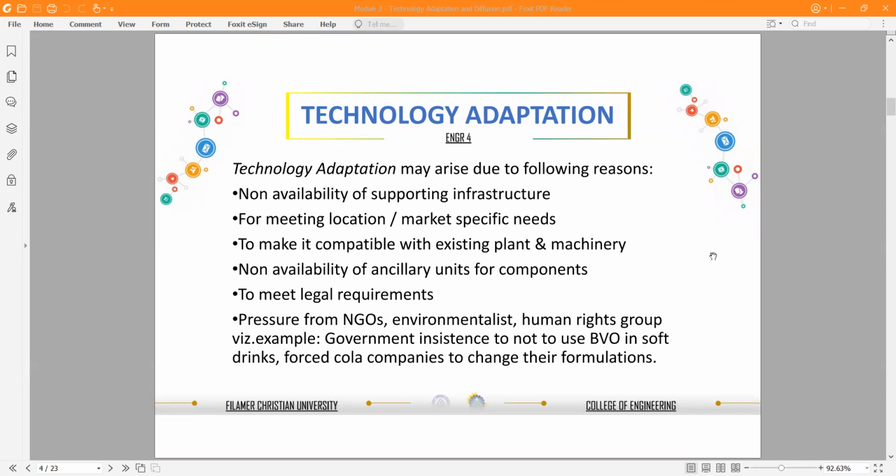Diba? So it forced Coca-Cola or cola companies to change their formulations. Yan lang yung isa sa mga example. So instead of adapting some technologies, because of these reasons, hindi nila na-commit, no? So they did not meet because of these following reasons.